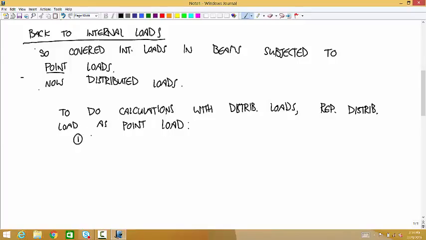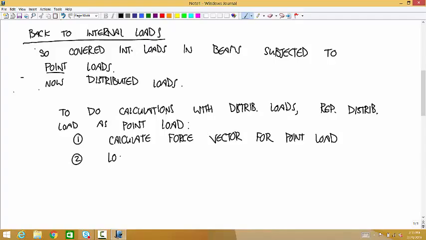First, we have to figure out the magnitude of the point load. For us, it's always going to be a point force, so we're going to have to calculate the force vector for the point load. And second, we have to calculate where that point load is applied, the location where that force vector is applied.